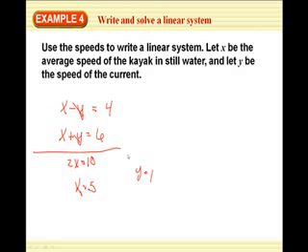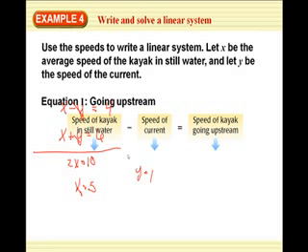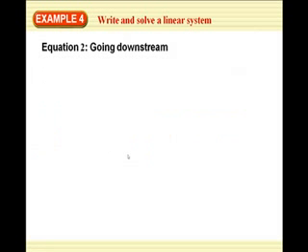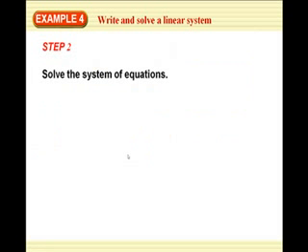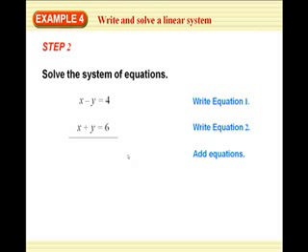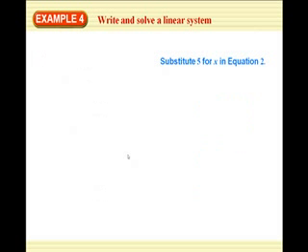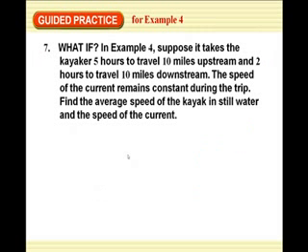Obviously, when you're going against the current, you're going slower. Let's see what they did. There's our x minus y, there's our plus, solving the system, there's the 5, and then there's our 1.